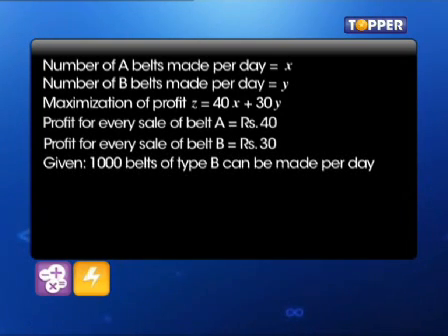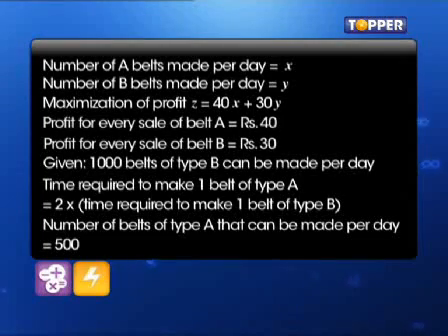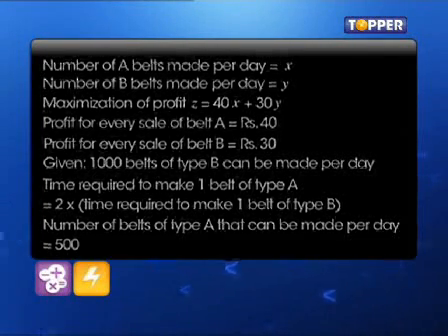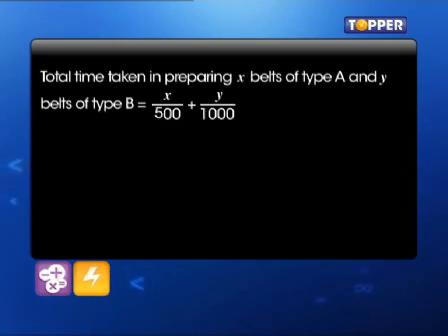It's given that 1000 belts of type B can be produced per day, and each belt of type A requires twice as much time as a belt of type B. So, 500 belts of type A can be made in a given day. Therefore, the total time taken in preparing x belts of type A and y belts of type B is simply x over 500 plus y over 1000.